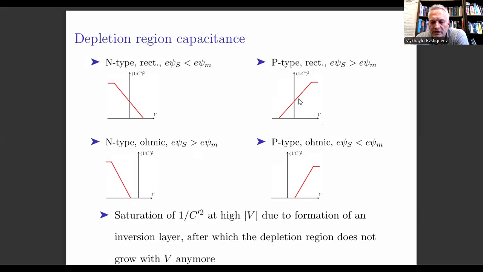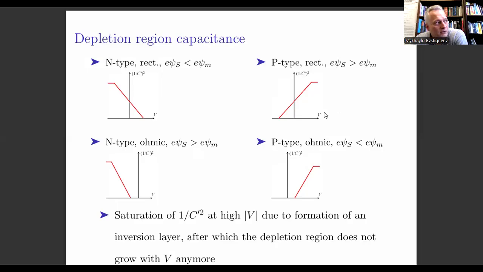Now, if your semiconductor is of p-type and the contact is rectifying, there are two things that can be said about the inverse capacitance squared versus voltage plot. The first is that the depletion region for rectifying contact exists also for 0 applied voltage, and it increases in size as you increase the voltage in the positive direction.